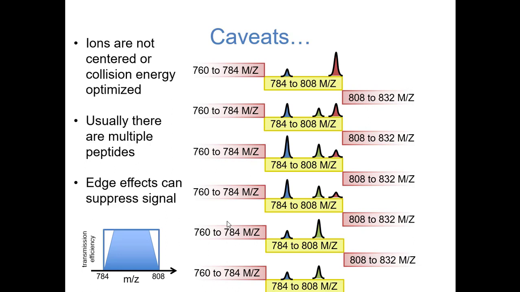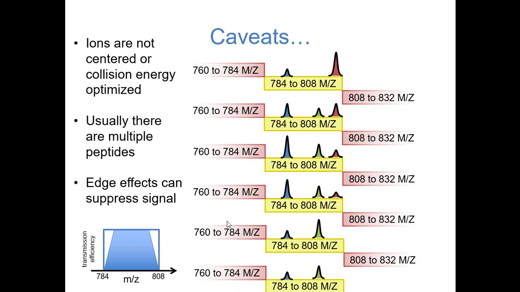Quads transmit ions as basically a square wave, and we assume that any ion from 784 to 808 is transmitted in equal proportion, right? But realistically, it's a device like any other device, and it's got tolerances, so typically quads transmit not so perfectly. They have some rounding at the edges.